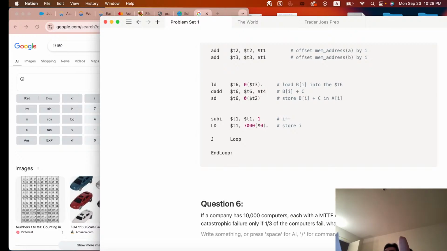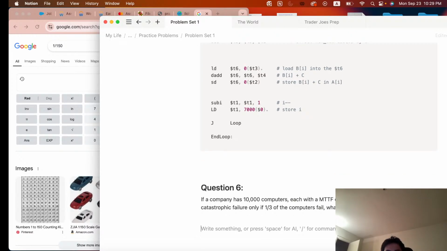What is the mean time till failure for the system? Is it not 35 days? Enhancement to a computer that improves the mode of execution by a factor of 10. Okay, I'm gonna skip this one for now. It's not super clear. Question 7.